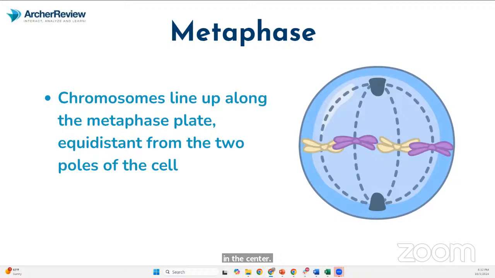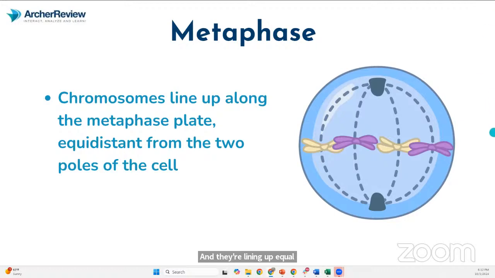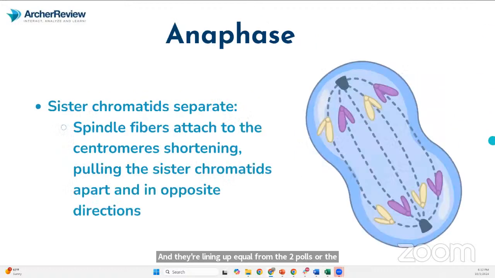The next phase is metaphase. And metaphase is the one, if you've looked at anything under a microscope in high school, you probably were able to see the chromosomes lining up along the middle. They're lining up equal from the 2 poles, or the opposite ends of the cell.